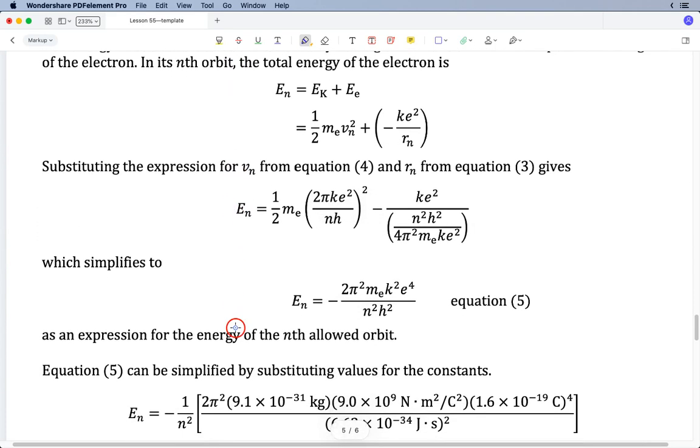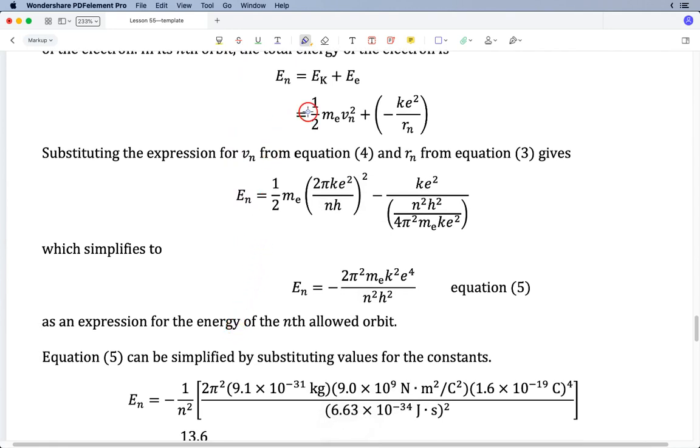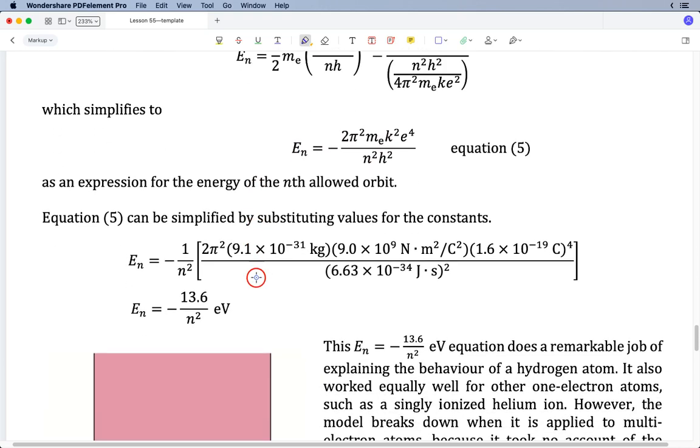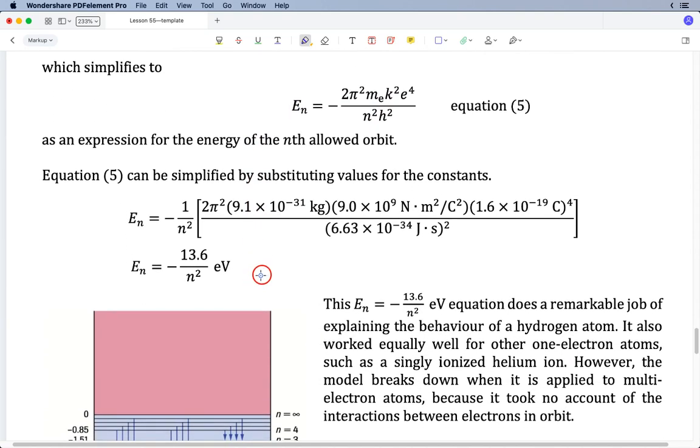So if we substitute both of those into this, then we get this, which is kind of messy. But if you go through some algebra, you can find that you can simplify it. And then we get equation 5, which is another one that I'll put a box around, because this gives us the energy for the nth allowed orbit.